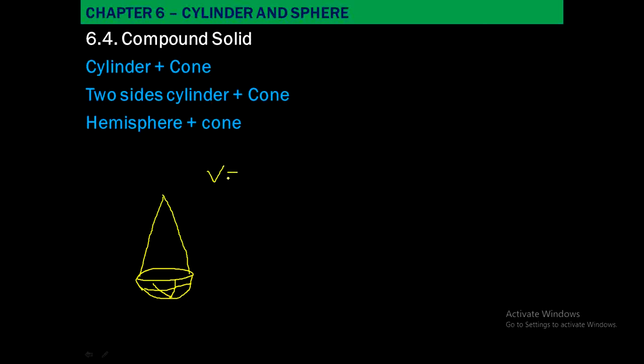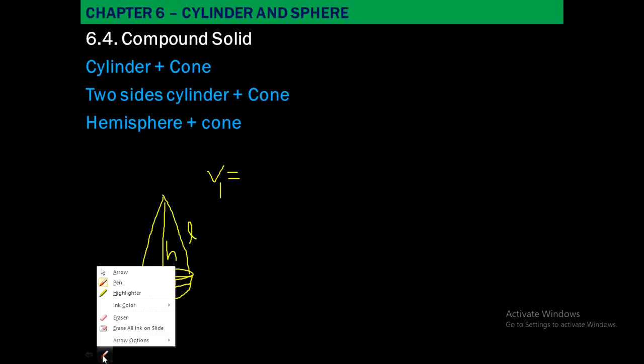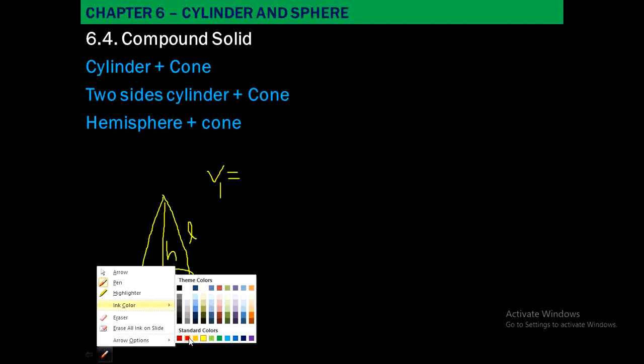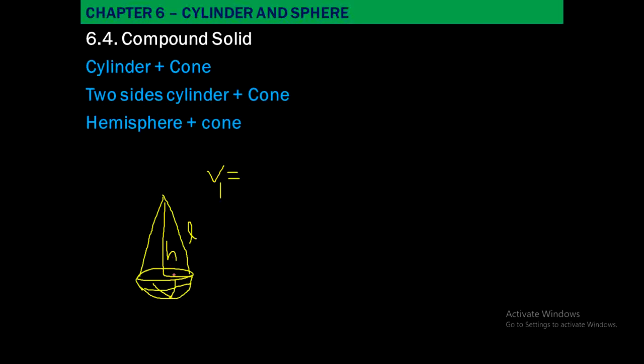Now this one is height, this one is slant height, and this one is R. This one is R. Now V1, volume of the hemisphere.